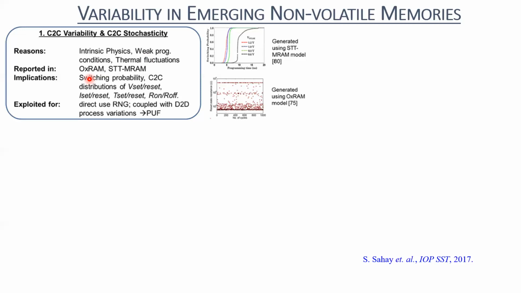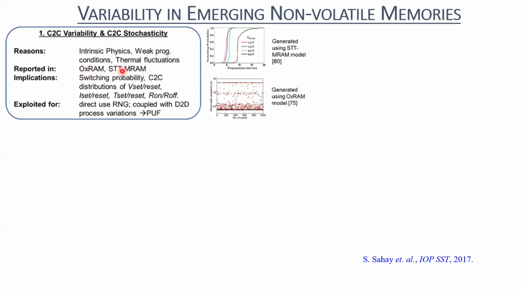Statistically, we find a particular voltage, lower than the extreme set threshold voltage, for which the device switching probability will be 50%. And then we apply that voltage. So every time we apply that voltage, we never know whether the device will switch, since the probability is 50%. In that case, it can be used for random number generation. So that is one other kind of source.